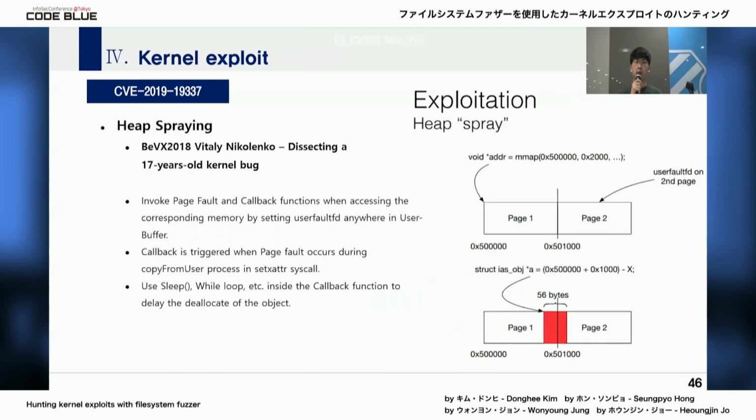So, in this presentation, Vitaly used a memory deallocation delaying technique through the userfaultfd syscall. Briefly, after setting the memory address to be copied to span between two pages, when the second memory page is referenced, a page fault can occur by userfaultfd. It falls into the handler routine.